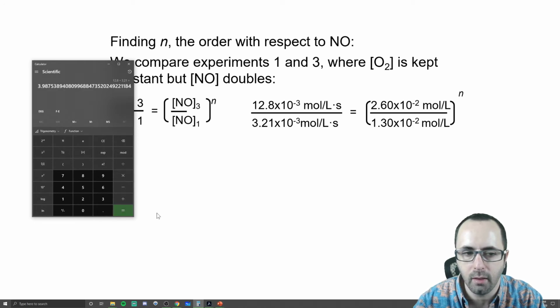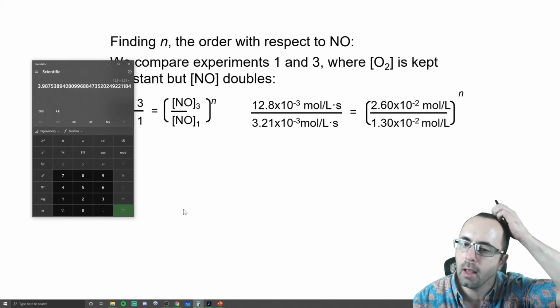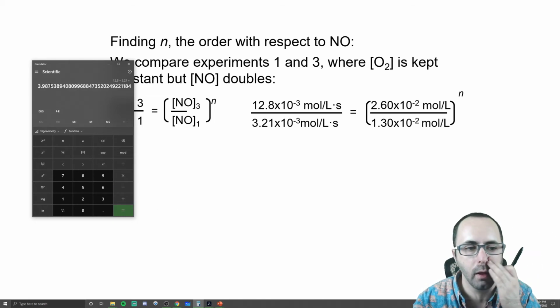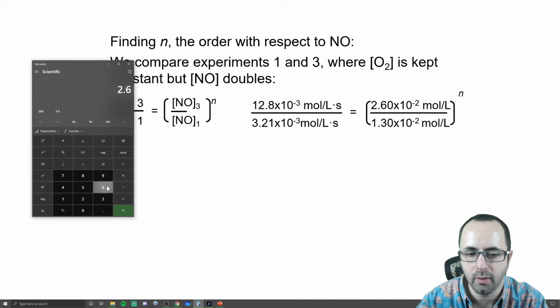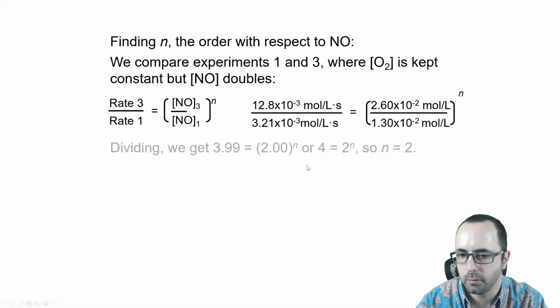I can leave out the 10 to the minus 3's. And here again, I get another weird number. I get like 3.99. But that's really close to 4, right? So we can just essentially call this 4. And then 2.6 divided by 1.3, you can probably do that in your head, it's 2. So we get 3.99 equals 2 to the n power.